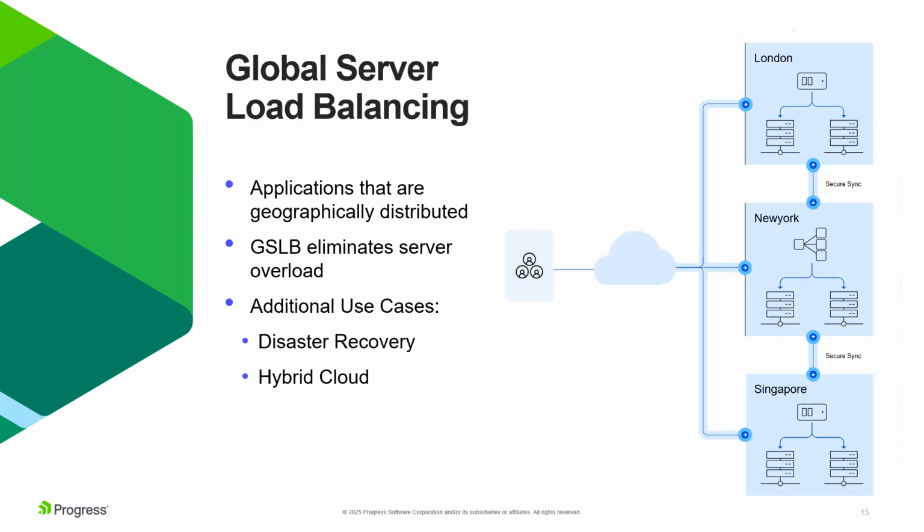Now, if you look a bit broader, there's also something called global server load balancing. Just imagine normal server load balancing and now take a step out to the global picture. You can do that across multiple data centers. So how does that work? It works through DNS resolution.